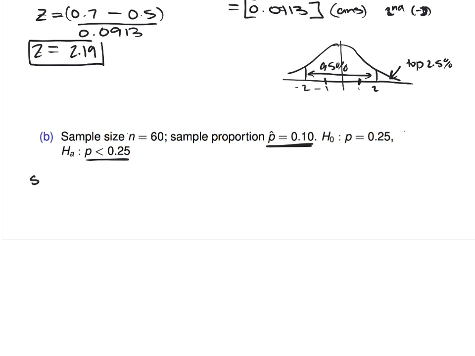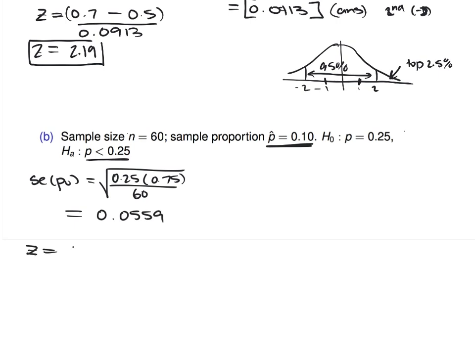So once again, let's start by finding the standard error of p naught. So that's the square root of 0.25 times 1 minus 0.25, which is 0.75, over n, which is 60 in this case. That gives us about 0.0559.